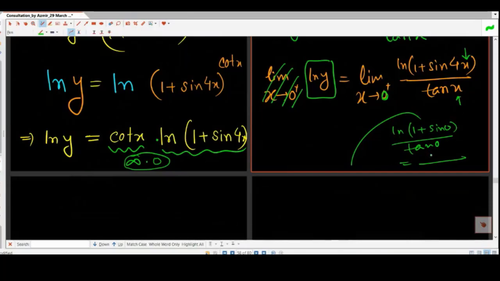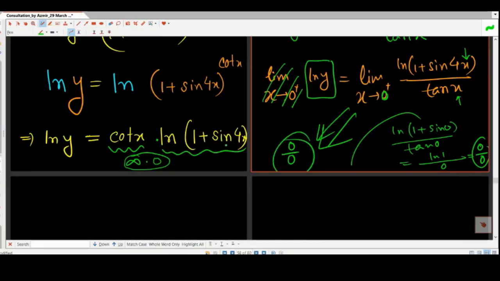So natural log of 1 is 0, and tangent of 0 means 0. So we have found that it is of 0 over 0 type. That means we can apply L'Hopital's rule.